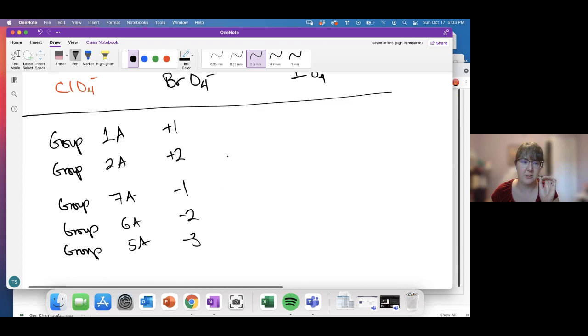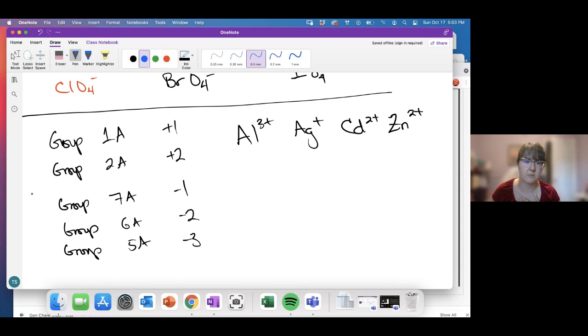And then there's a couple that are just extra. Aluminum, silver, cadmium, and zinc. So there are a set of metals that always have the same charge.